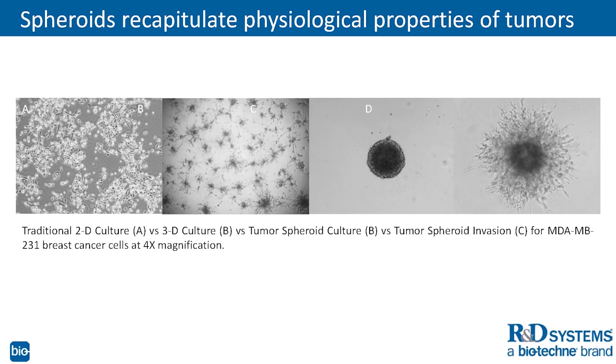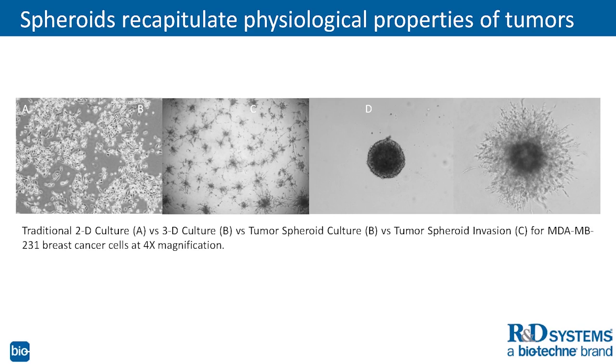Figure B is a traditional 2D culture, where the cells are in a single cell suspension. They're added to a basement membrane hydrogel, and what we see are several small invading structures within the culture. Figure C is our tumor spheroid model, and we see one spheroid within the plate.